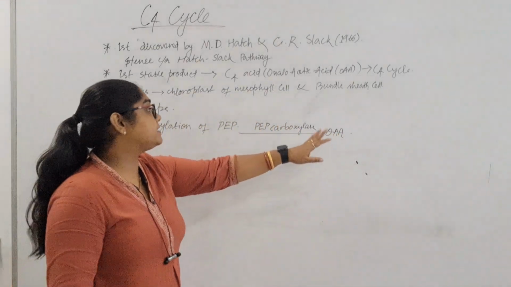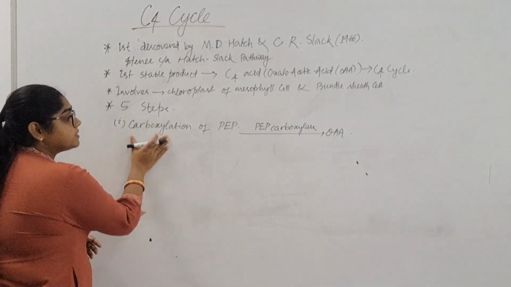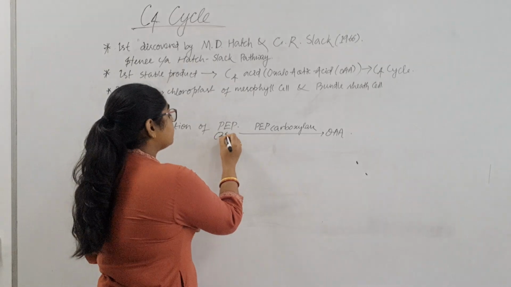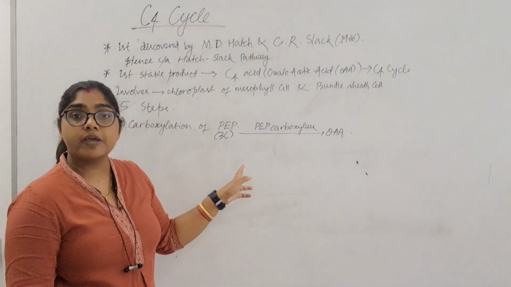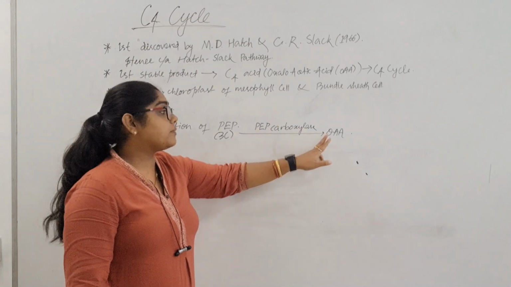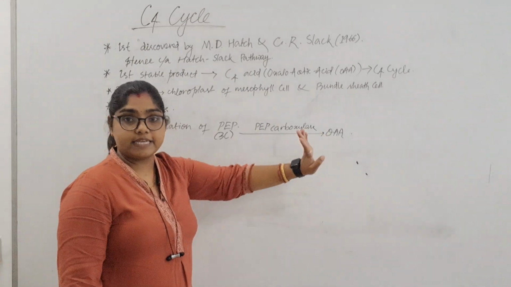Here the first step is the carboxylation of phosphoenol pyruvate, which is a 3-carbon precursor of the C4 pathway, and in the presence of PEP carboxylase it is carboxylated to oxaloacetic acid.